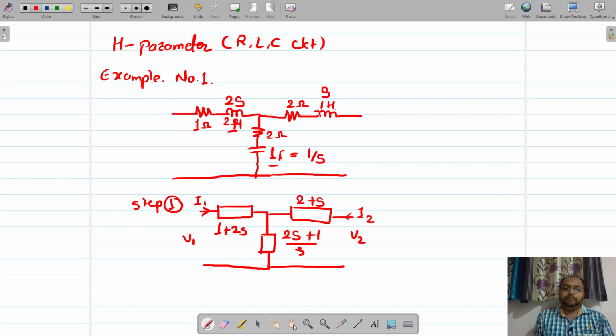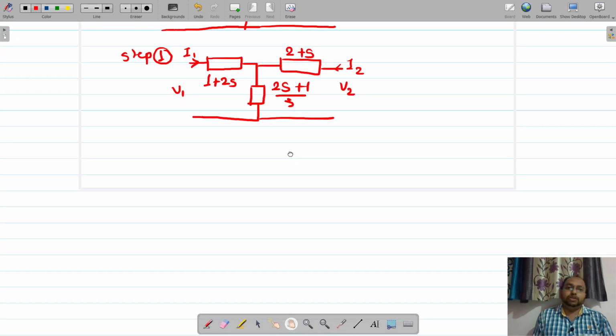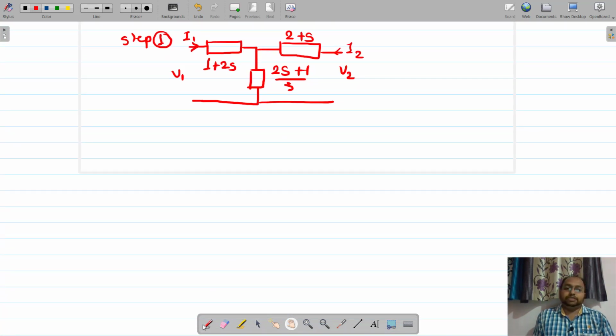Now step number 2 is what? You have to write the equations of the H parameters.